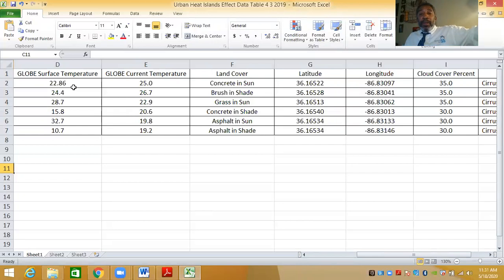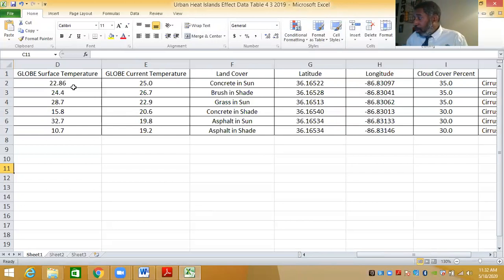So the liquid filled thermometer is what we would use to get the ambient air temperature. We would use the infrared thermometer to detect the surface temperature, and then we would compare those two.